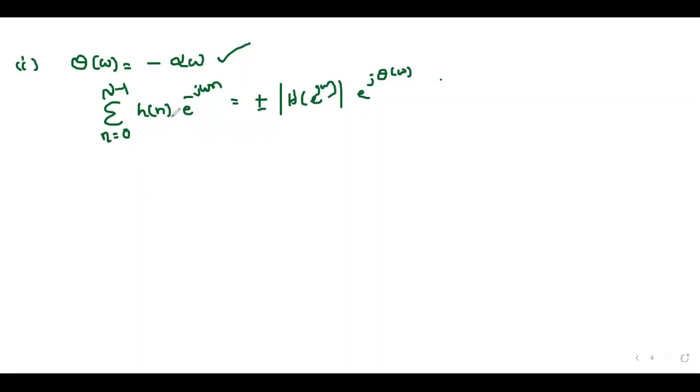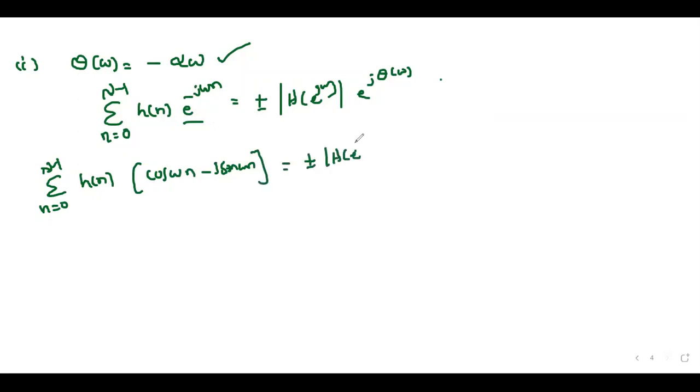So for this, I will just expand this exponential term. Summation n is equal to 0 to N minus 1, h of n into cos omega n minus j sin omega n is equal to the magnitude and phase we write as it is.